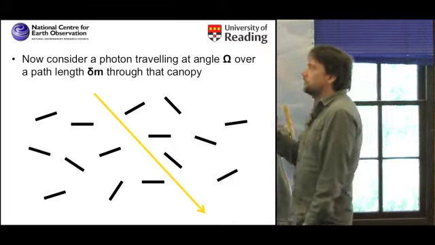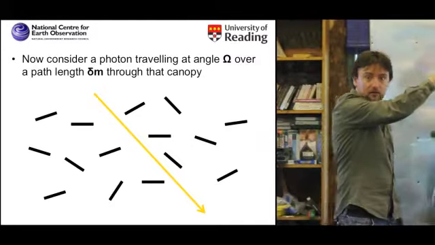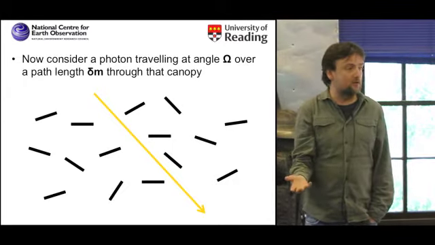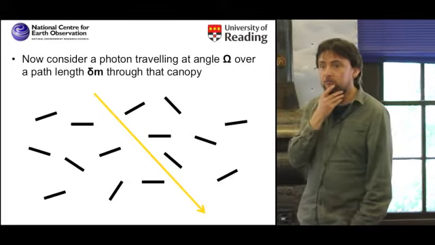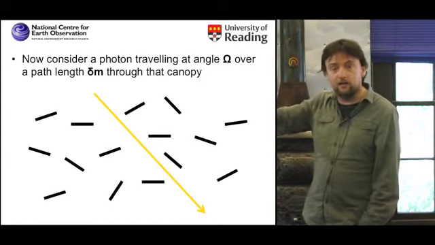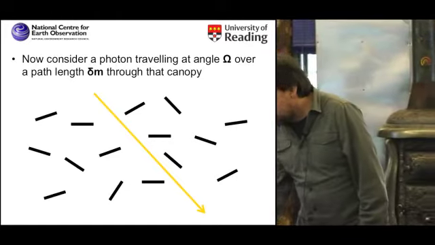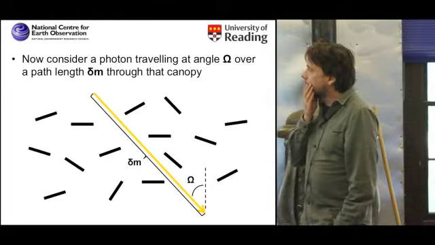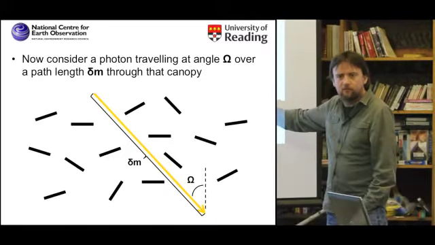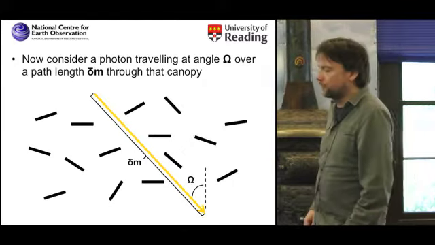That's straightforward. And this angle here would normally be the angle corresponding to the angle that the sun is at, unless that photon happens to have gone through some other scattering event before arriving at the canopy. But we're going to ignore that for the moment. So basically a photon coming in at the angle that it left the sun at and passing through that canopy. Okay, so we've got the angle and delta M. Actually, this is a two-dimensional angle, but because I'm on a flat screen, it's essentially that zenith angle.